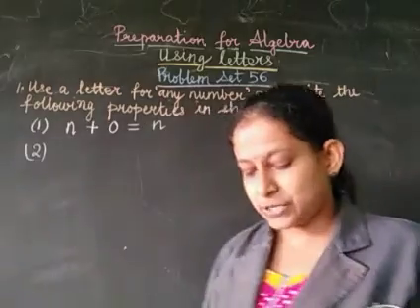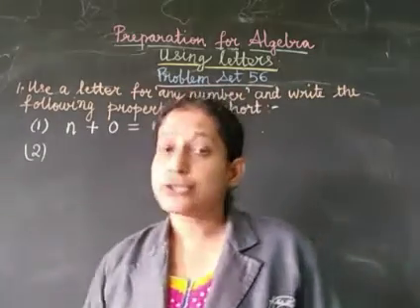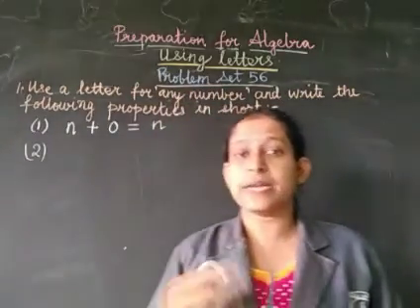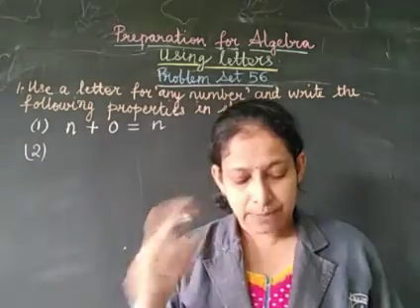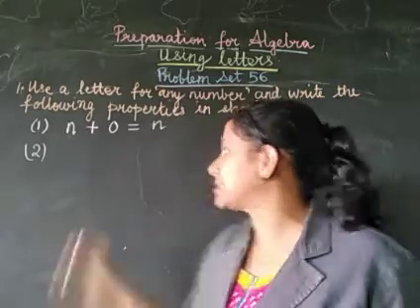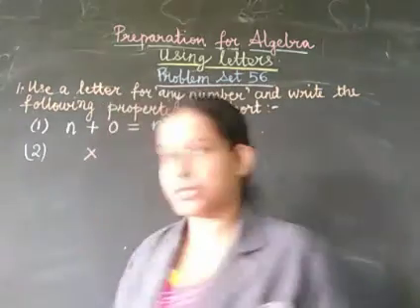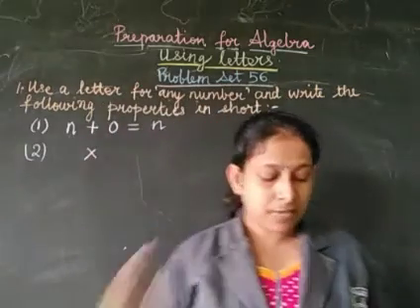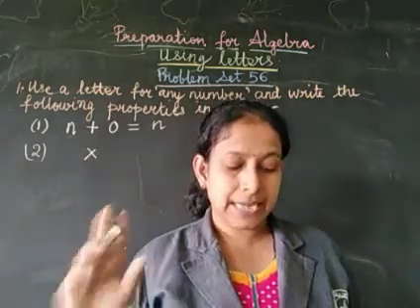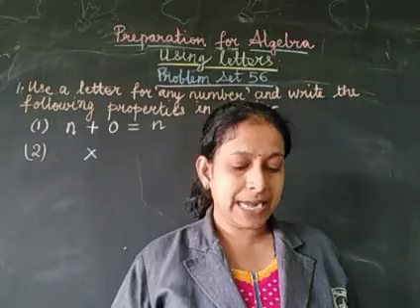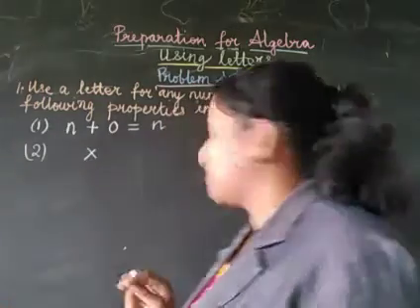Okay, the product of any two numbers. That means you have to take any two letters in place of the two numbers. Product means multiplication. The product of any two numbers and the product obtained after changing the order.